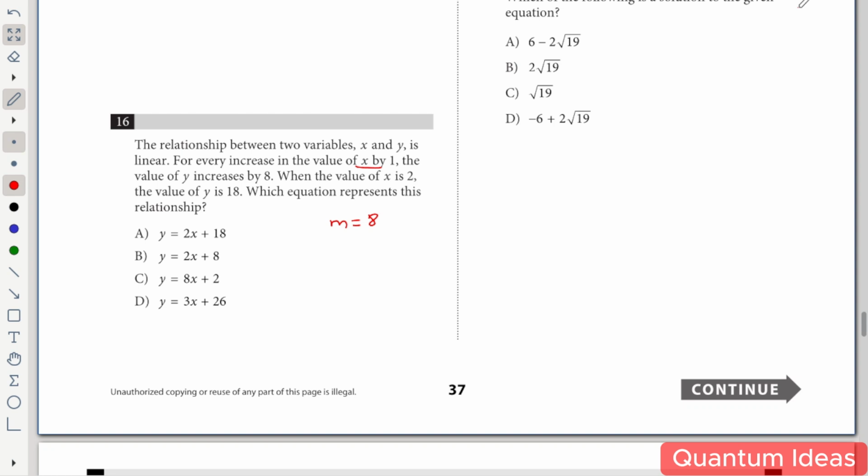And when the value of x is 2, the value of y is 18. So the equation must satisfy this condition. You can see here the slope is 8. In this C, you can see the slope is 8. So this can be our answer. Now you can plug it in and check. If y is 18, then plug in here 8 times 2 is 16 plus 2 is 18. This is a valid equation.